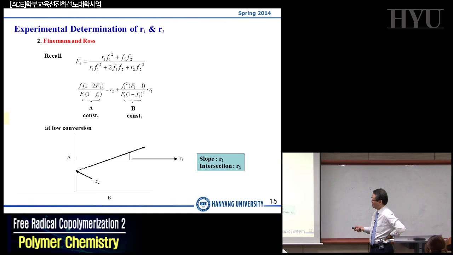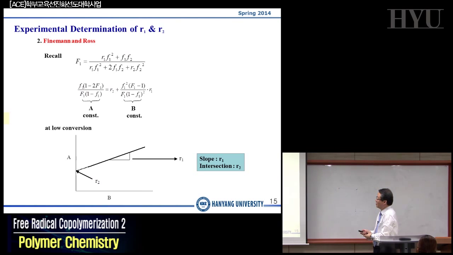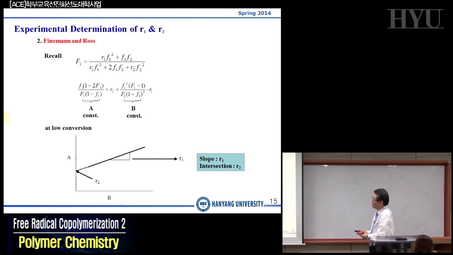So if you plot at least 3 or 4 points, then you get a linear plot, because if you vary the b, then you get different a values, so that the slope will be r1 and the intercept will be r2.